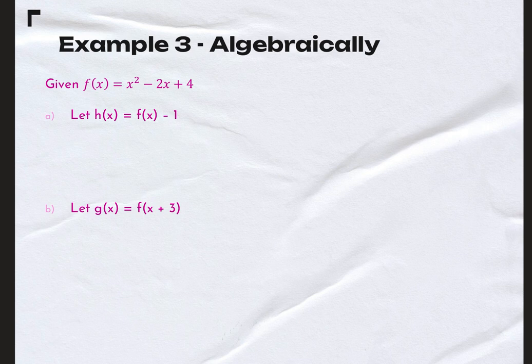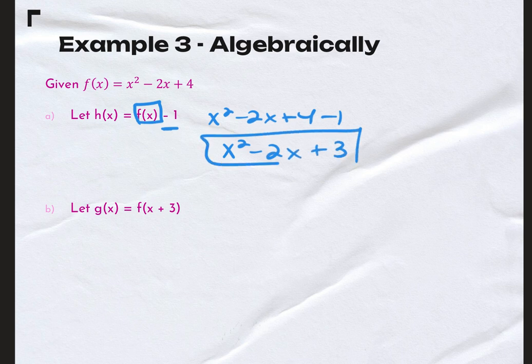If the x has a plus or minus inside the parentheses or a sign change, if it happens inside the parentheses, then we're actually taking what's inside the parentheses and plugging it into the f of x. But this actually says just take my f of x, and my f of x is x squared minus 2x plus 4, and subtract 1 from it. So I end up with x squared minus 2x plus 3. So we're physically changing our equation algebraically.